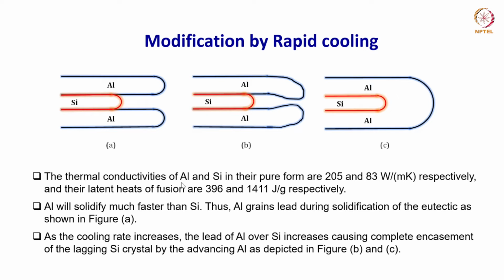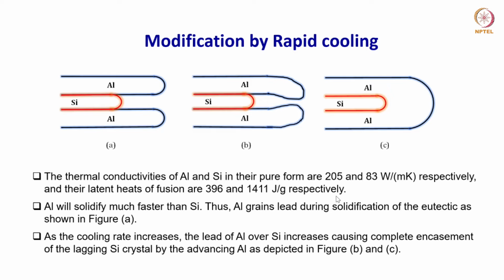The thermal conductivity, for example, is significantly different. The thermal conductivity of aluminium is much higher, around 205 watt per meter Kelvin, while for silicon it is only 83, right? So the thermal conductivity of aluminium is significantly higher than silicon.